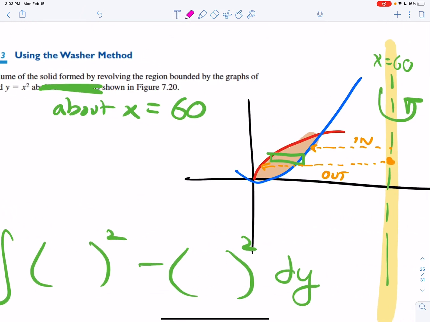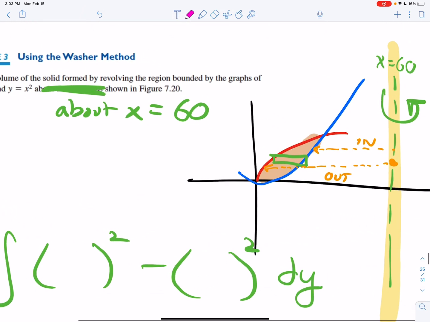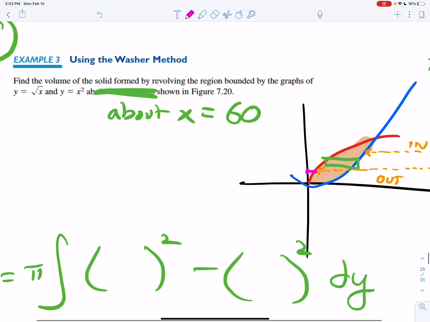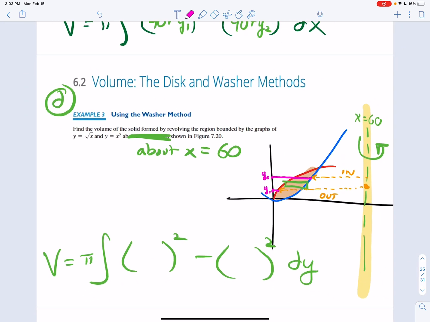I know that from the y-axis to the red function, that is the red function, okay? From the y-axis to the blue function, that's the blue. But remember, everything has to be in terms of y, but we'll get to that, okay? So red, I believe, was y1, and blue, I believe, was y2. I'll use that very loosely, okay?